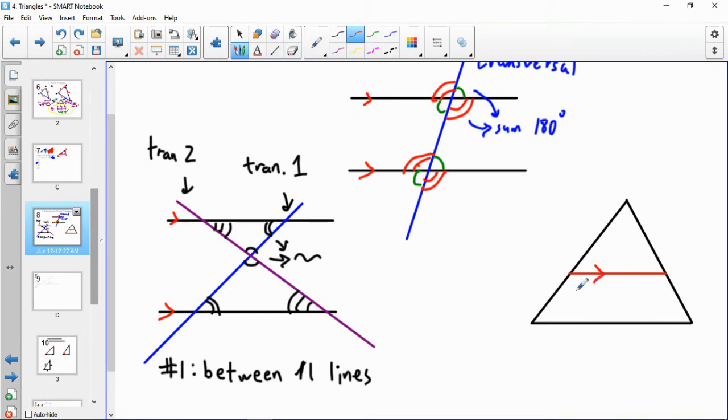So what's happening right now is I drew this red parallel line to the base, and I just made myself two triangles. I made myself the small triangle on top, and then I still have my super large triangle that was my original triangle. And I'm going to show you how they're similar.